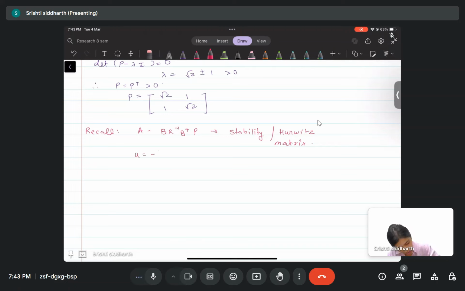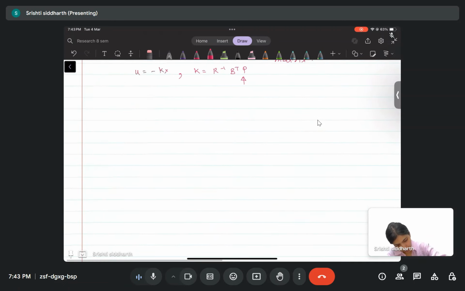So u equals minus Kx, and K is simply R inverse B transpose P. So that's also why we have to find the positive definite and symmetric matrix P by solving the algebraic Riccati equation. Okay, so we have the last question for today then.